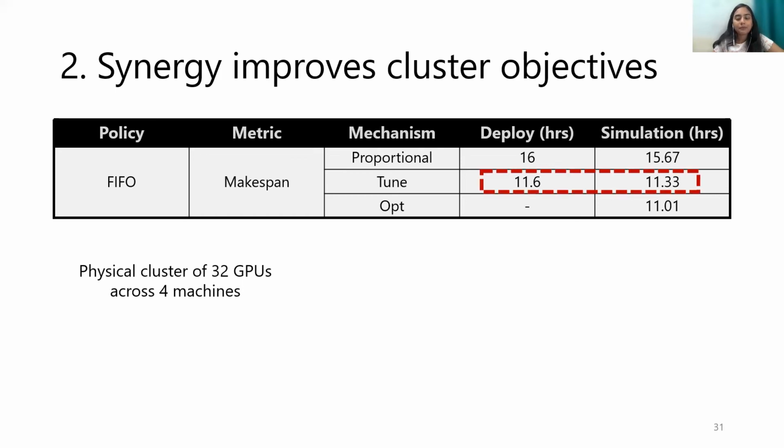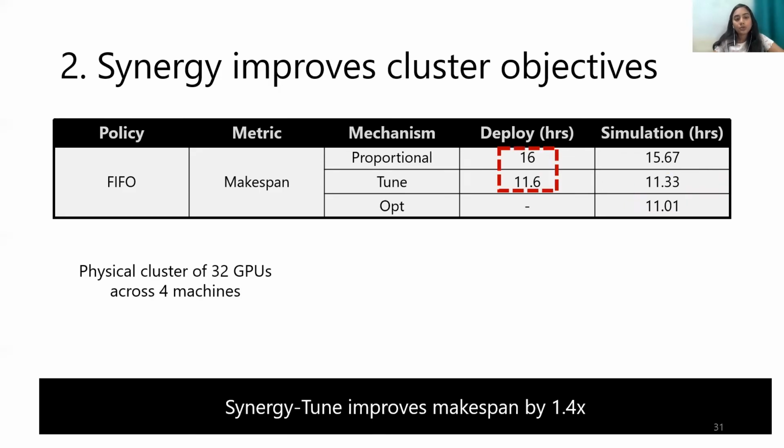First, the runtime with our simulator is close to the deployment numbers, demonstrating the fidelity of the simulator. Second, the makespan obtained with Synergy is close to the upper bound solution. In all our experiments, Synergy-Tune was within 10% of the optimal upper bound that was predicted. Finally, Synergy-Tune improves the makespan by about 1.4 times compared to the baseline GPU proportional allocation.